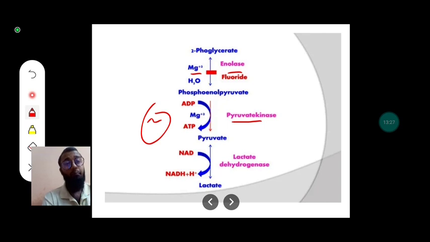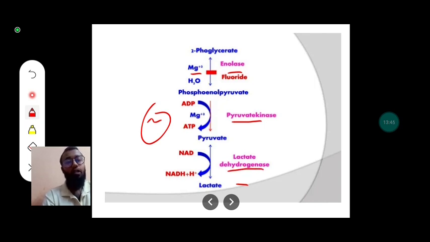Remember the last enzyme, pyruvate kinase. And in the anaerobic process, as I say, the end product is lactate. So after the formation of pyruvate, there is the formation of lactate by the enzyme lactate dehydrogenase.